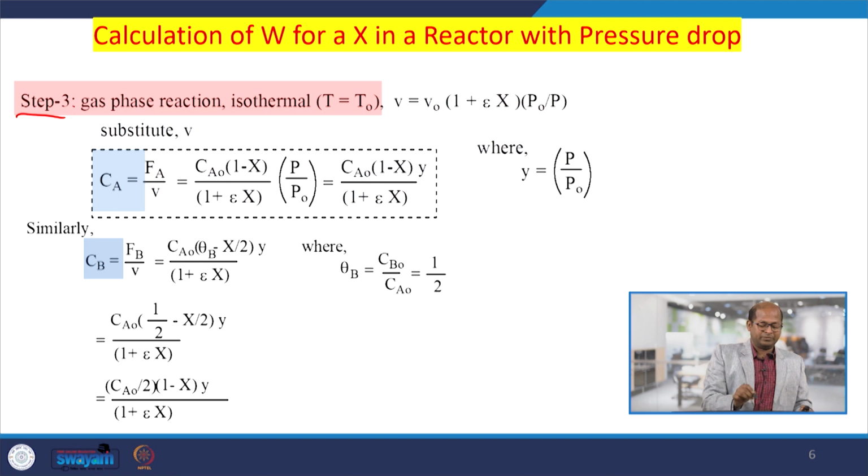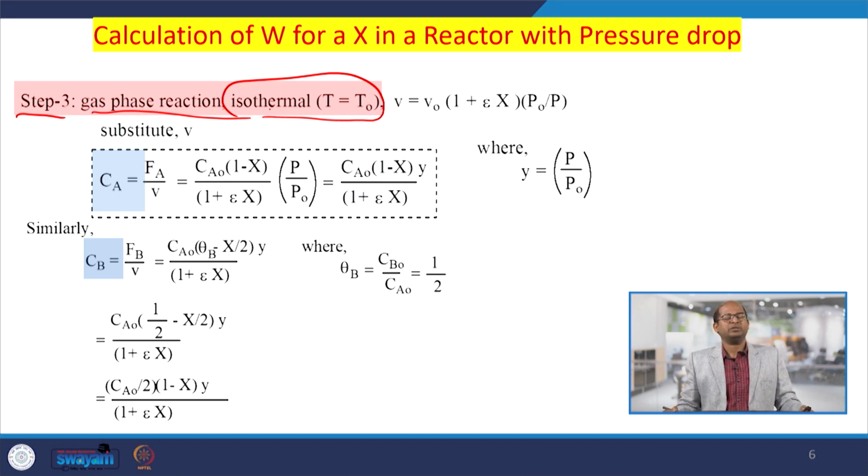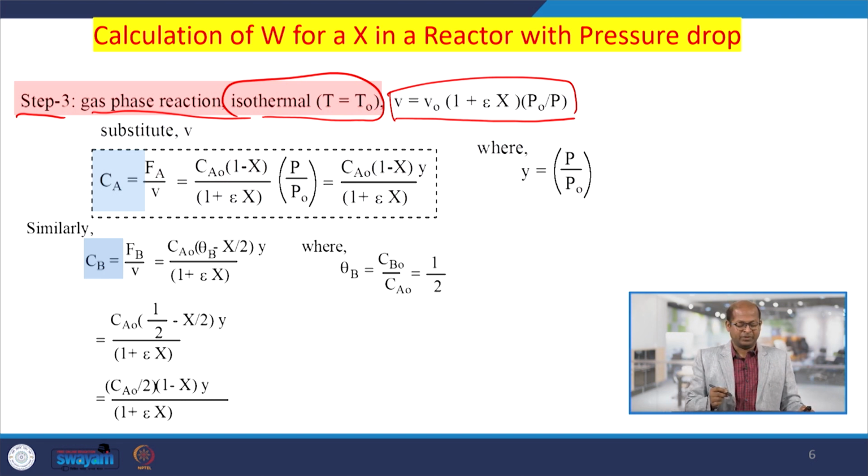In step 3, we assume that the reaction is isothermal, meaning the temperature throughout the bed remains constant at 260 degree centigrade. The volumetric flow rate as a function of pressure we also discussed in our previous class. If we want to express concentration in terms of conversion and pressure, we have to substitute this here, and after rearranging and simplifying we get this.